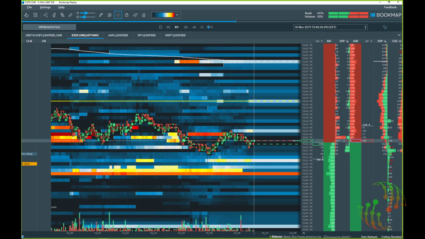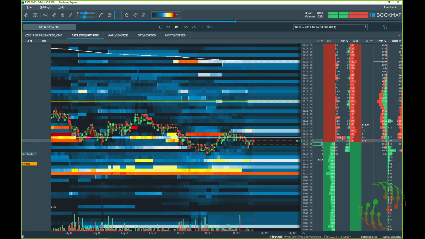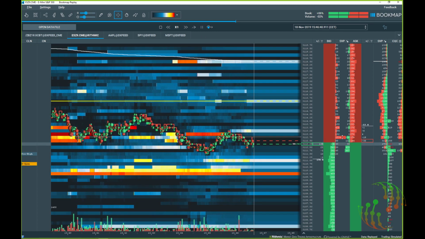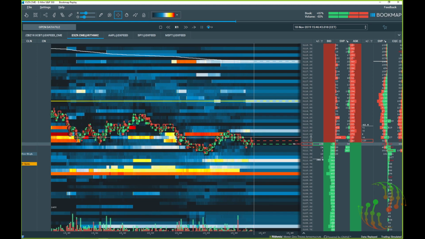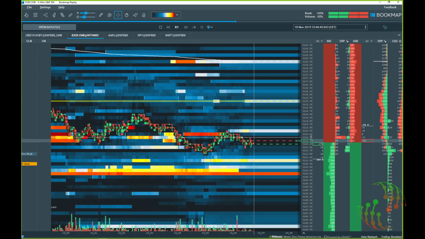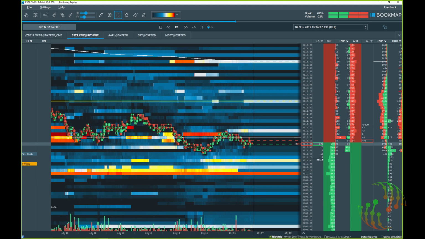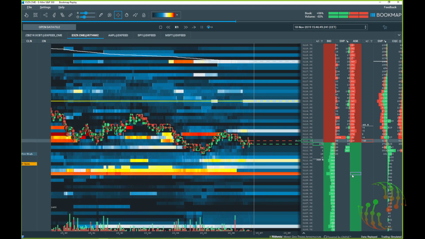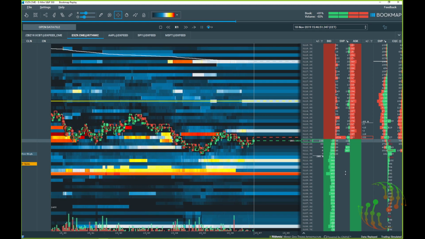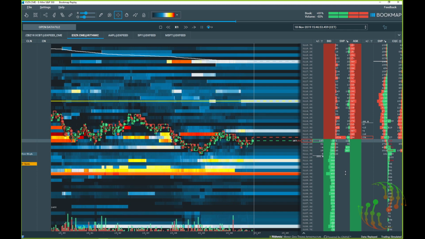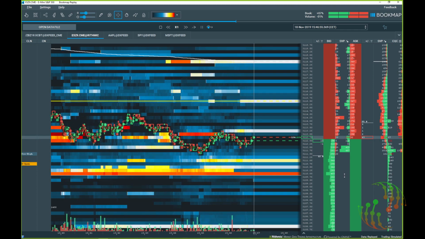Still, the traded volume is indicated as 1,075. It's refreshing now.